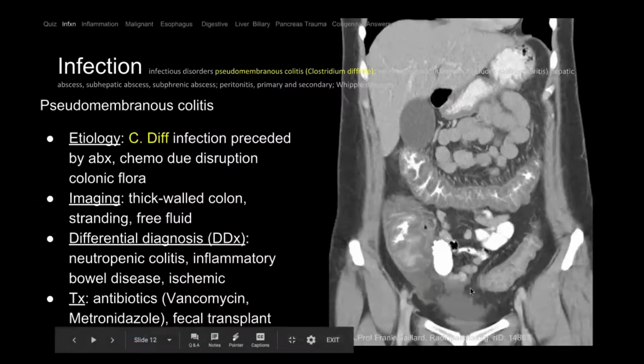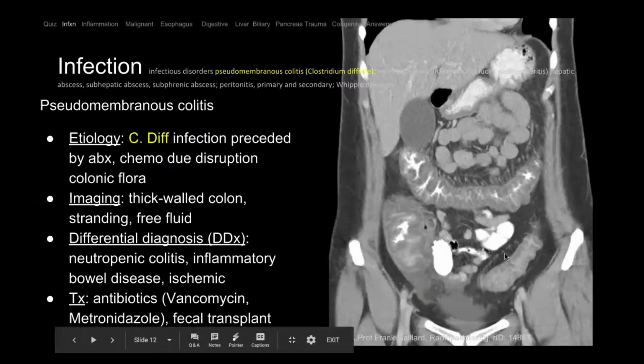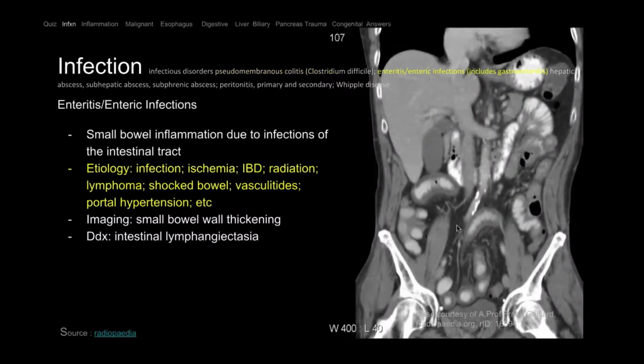This is treated with vancomycin or Flagyl, or in very severe refractory cases, fecal transplant. So a stool from a normal patient is then put into the sick patient to reconstitute the normal flora.